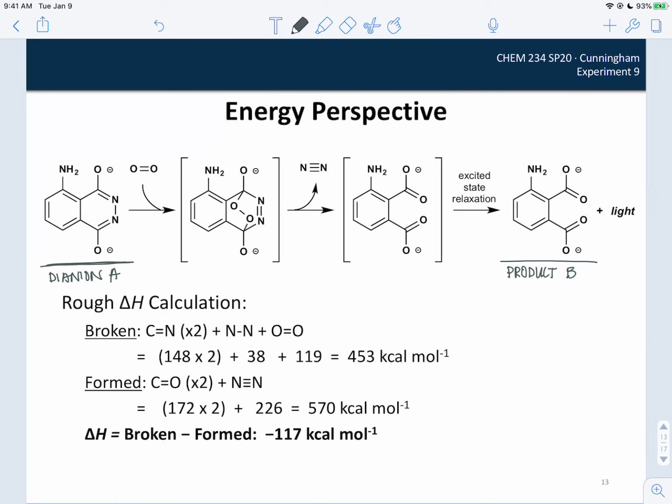Take a minute to look that over, and make sure that you understand which bonds are being broken going from A to B. We're not looking at any of our intermediates in the middle, because they are intermediates, so we just want to focus on the difference in energy between A and B.